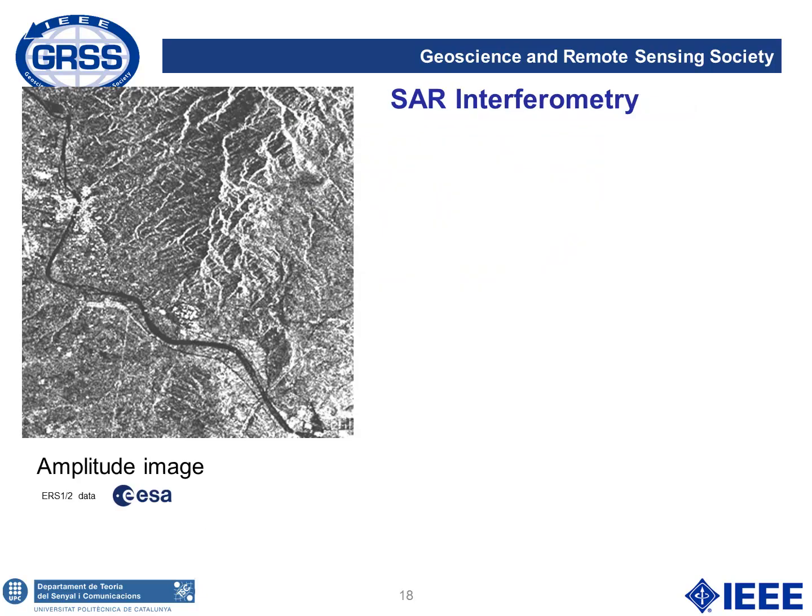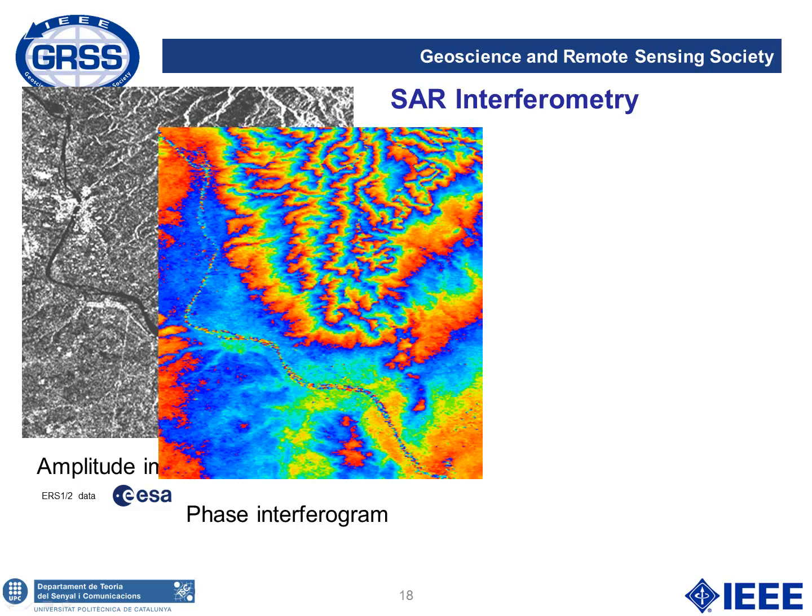This image is a radar amplitude image. The amplitude shows some details of topography, mountains, a river here. But let's take a look at the phase of the image, actually at the phase difference between two consecutive images of two similar satellites.